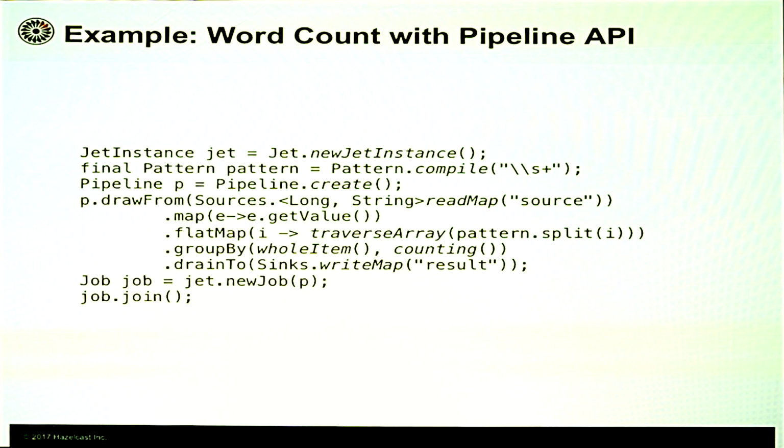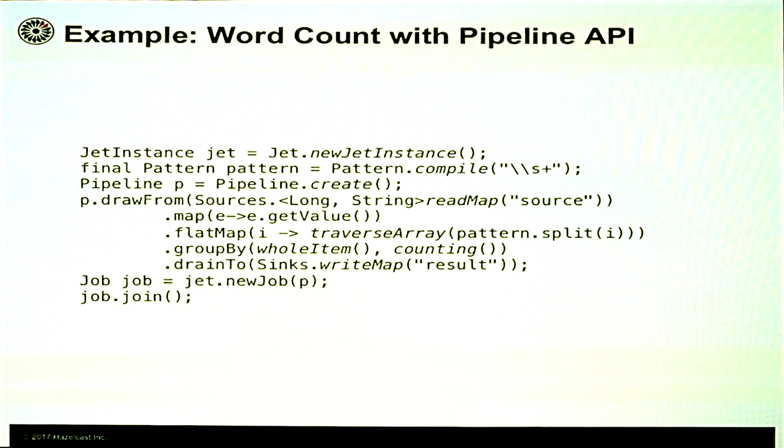An example of the same word count, you'll find, is similar. As I said, it's highly inspired by Java 8 streams, because a lot of people are Java developers, and sooner or later, they're going to learn how to use Java 8 streams in their day-to-day life. That's how the word count will look if you use the Pipeline API.